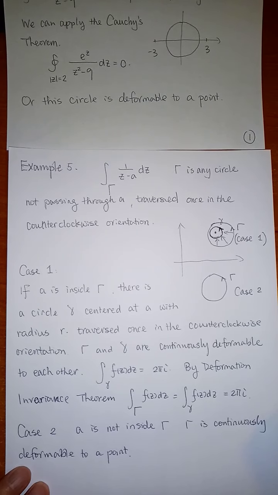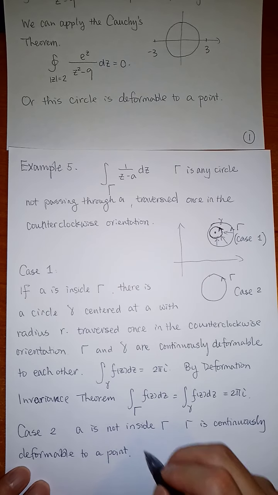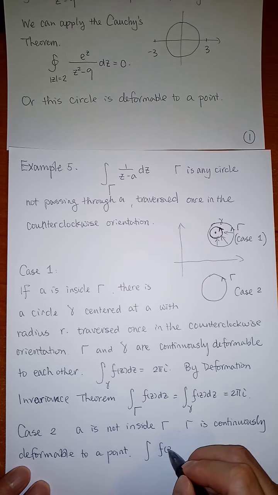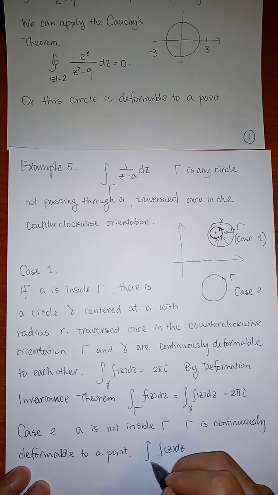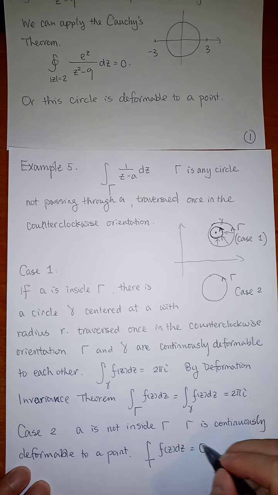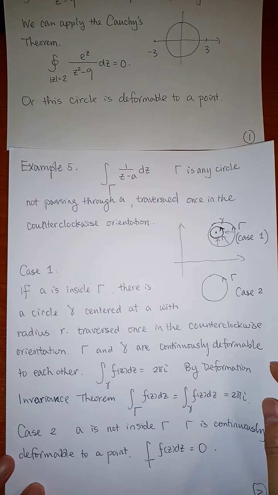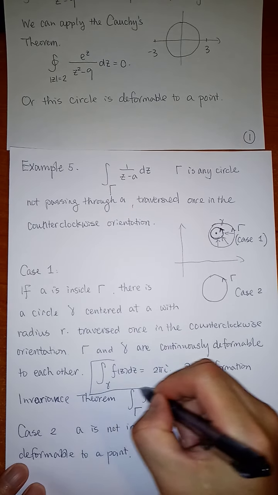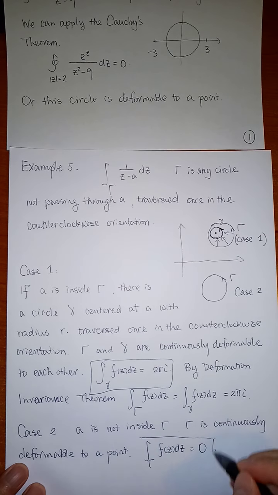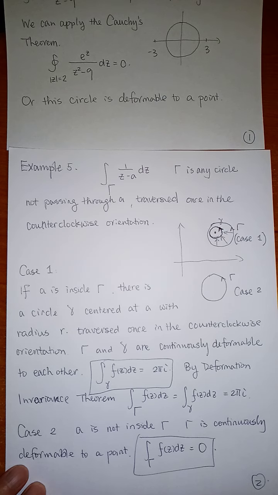If it is continuously deformable to a point, then the integral of f of z dz along capital gamma is always 0. So inside 2 pi i, outside 0. We get these two results.